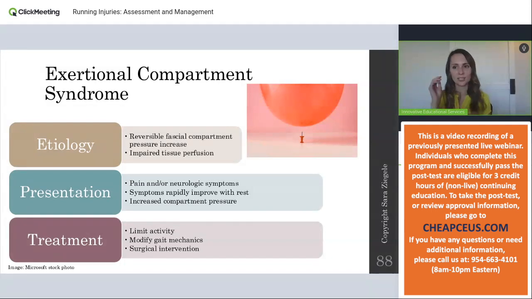The thing that should trigger you to think about compartment syndrome is if we're getting any kind of neurological distribution. So if someone is starting to talk about getting numbness or tingling, someone is talking about getting temperature changes, like they're getting cold from vascular constriction, we want to be thinking about whether this could be compartment syndrome.